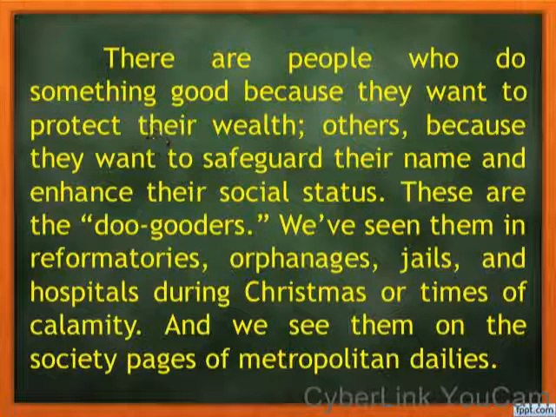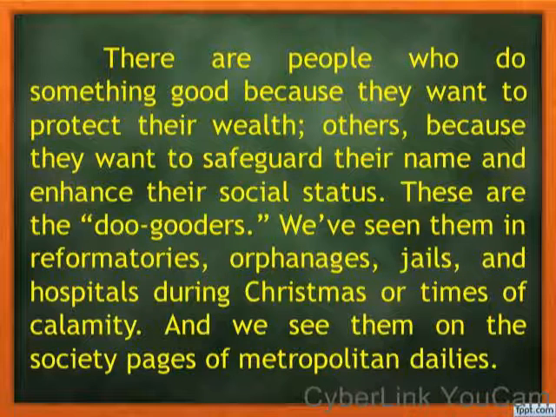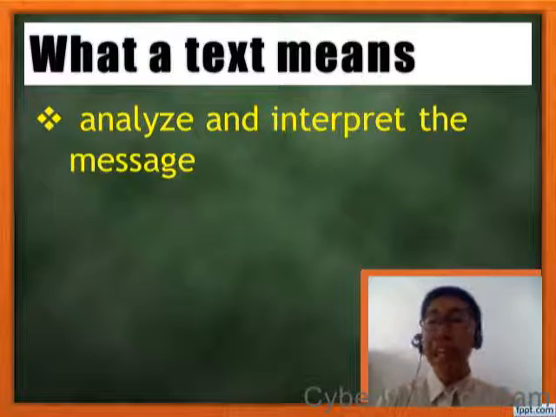We have orphanages, reformatories, jails, hospitals, and also the society pages of metropolitan dailies. So that's how you discuss the second step. In the first step, you just identify the topic, but in the second step, you identify how the text discusses the topic.